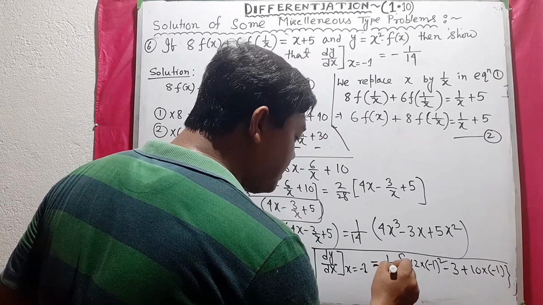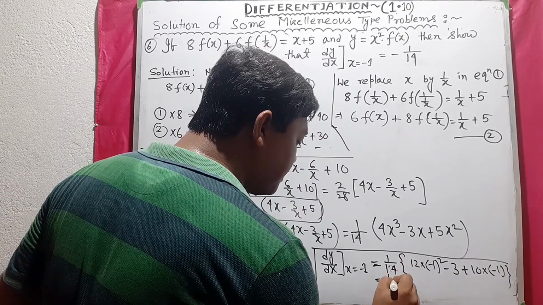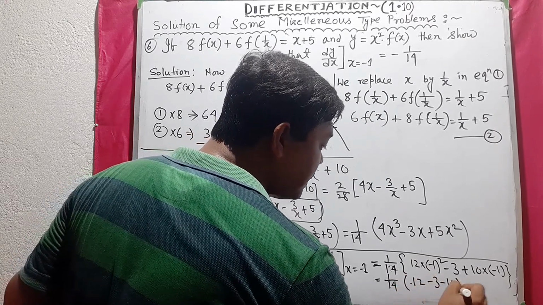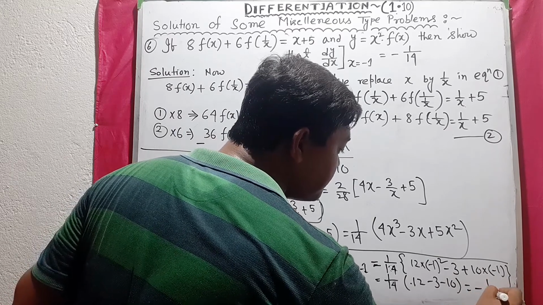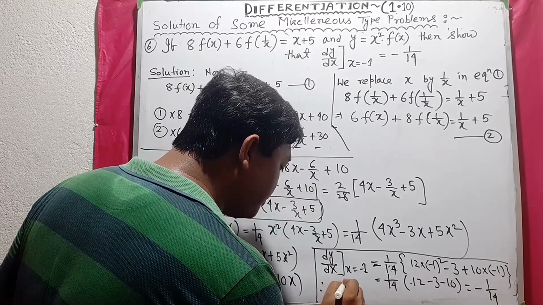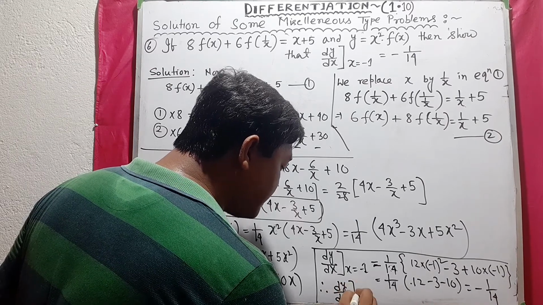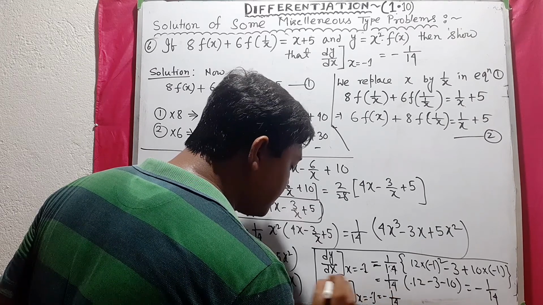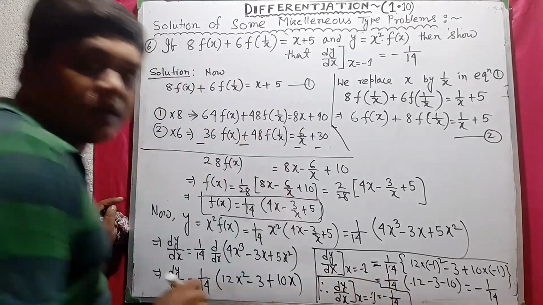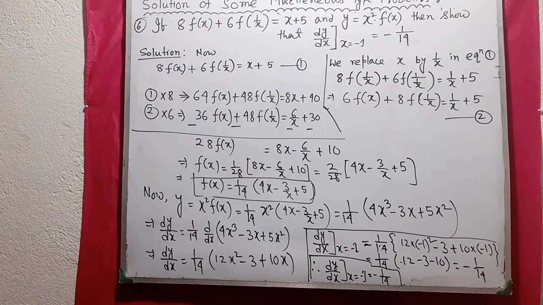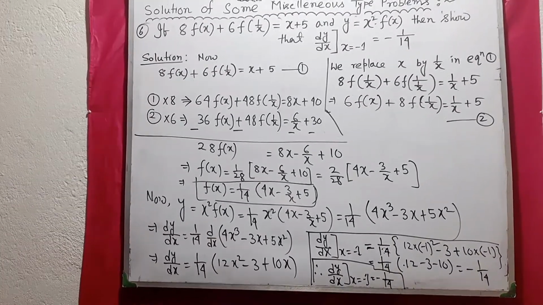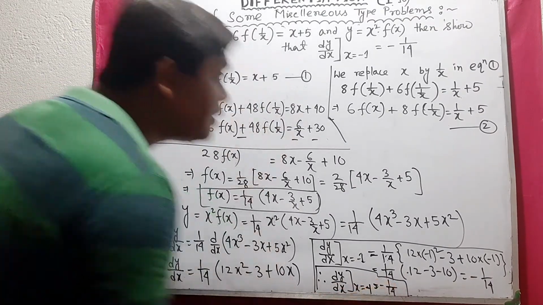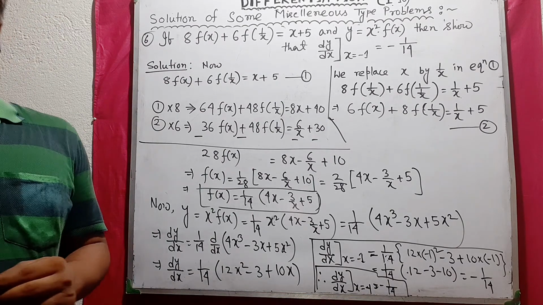So that gives 1 by 14 into 12 minus 3 minus 10, that is minus 1 by 14. Hence proved: dy/dx at x equals to minus 1 equals to minus 1 by 14. Okay, so thank you.